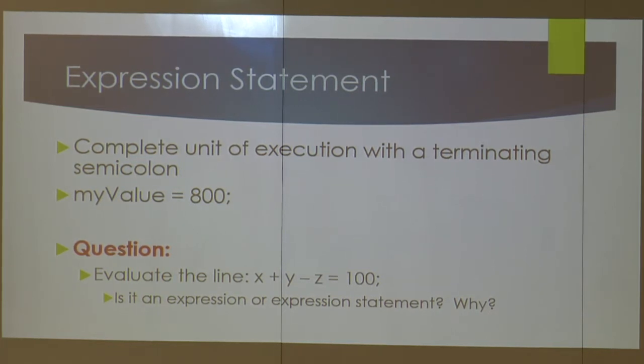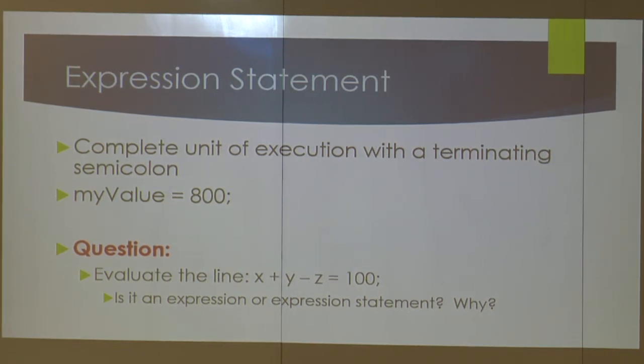And so a question I've posed to you at the bottom would be, would the line x plus y minus z equals 100 be an expression or expression statement, and why? Actually with this one, if it was proper syntax, it could be an expression statement.